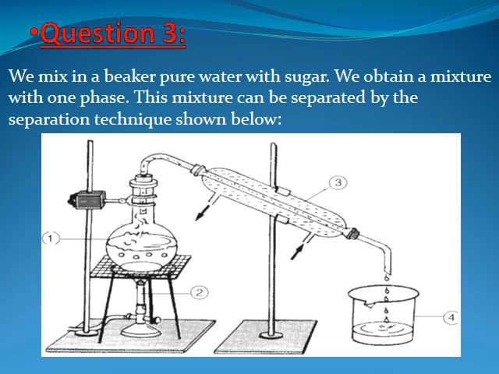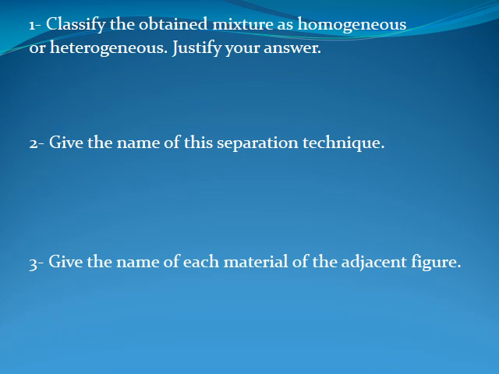Moving to question number 3. We mix in a beaker pure water with sugar. We obtain a mixture with only one phase. This mixture can be separated by the separation technique shown below. Classify the obtained mixture as homogeneous or heterogeneous. Pure water with sugar. Homo or hetero?